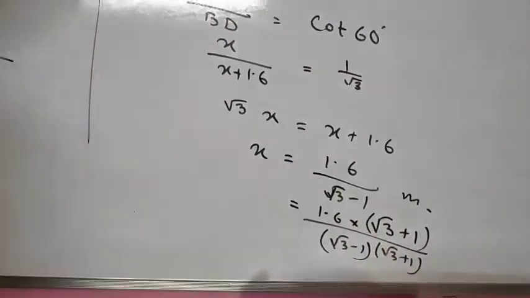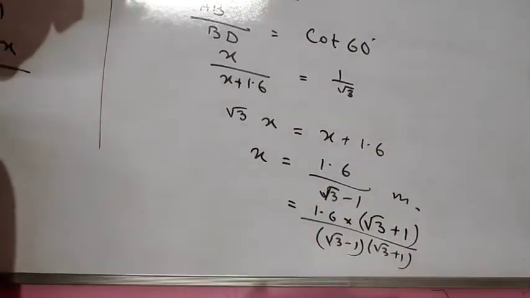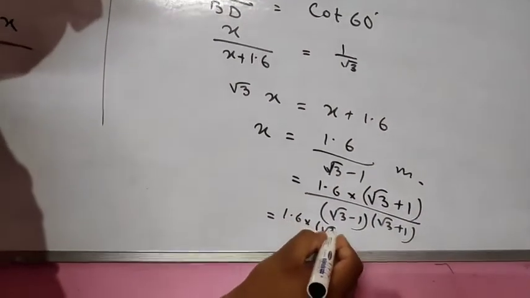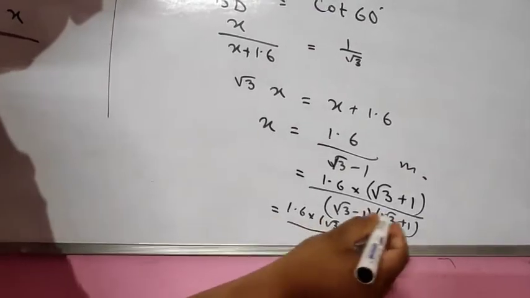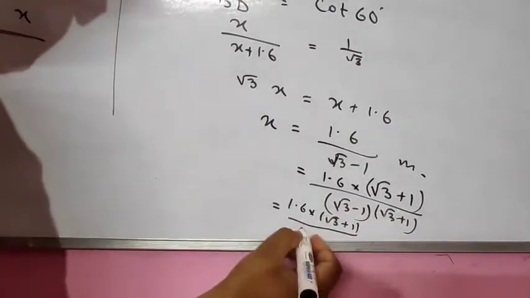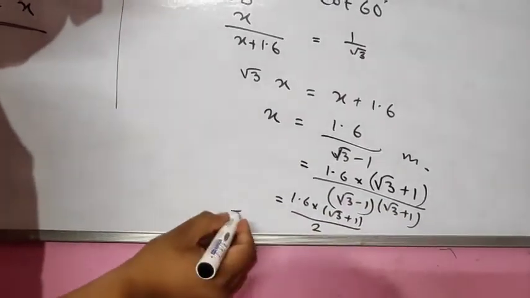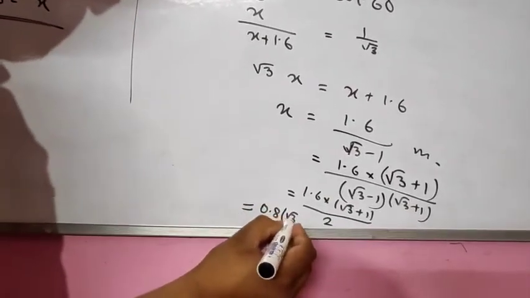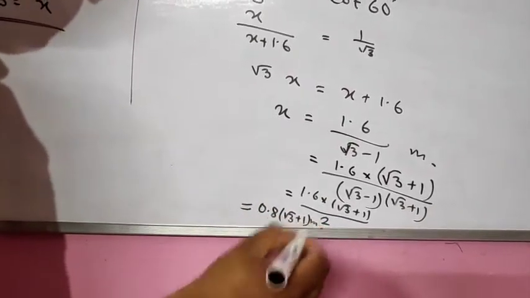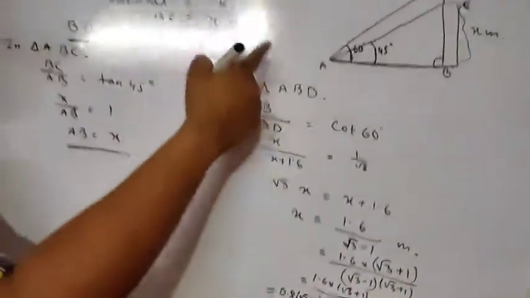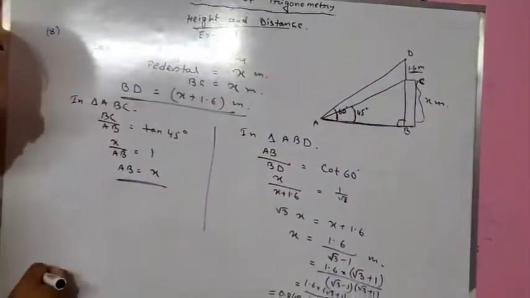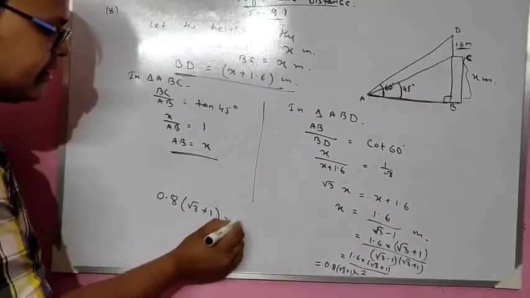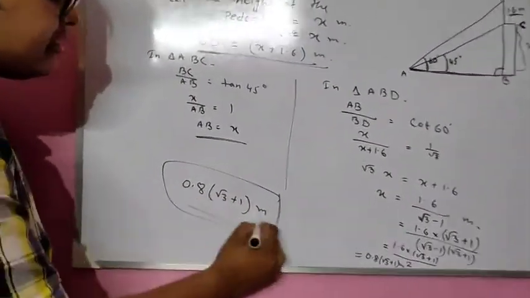We have multiplied with the conjugate in both the numerator and denominator, and we get 1.6 into (root 3 plus 1) divided by 3 minus 1, which is 2. So 1.6 by 2 is 0.8 into (root 3 plus 1) meter. This will be the answer. So the height of the pedestal is 0.8 into (root 3 plus 1) meter. That is the answer.